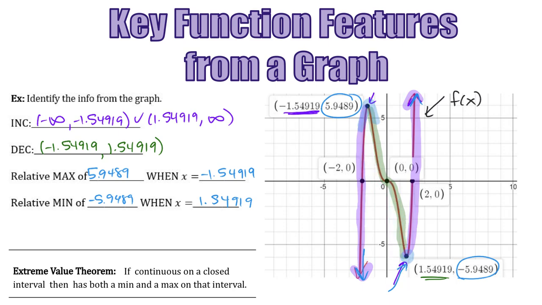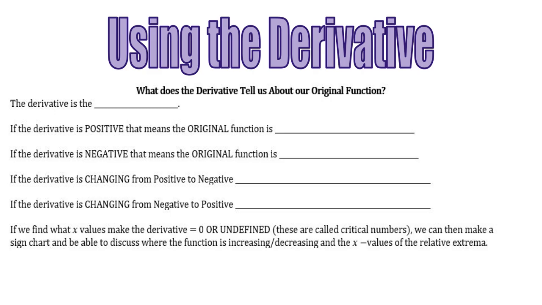So let's see if we can tie this idea of slope, or how the function is behaving, to the derivative. All right, as we have mentioned, the derivative is the slope of the tangent line. So if we have a function and the function is increasing, that means the derivative must be positive. So if the derivative is positive, the original function must be increasing, meaning the function from left to right is going up at that specific value.